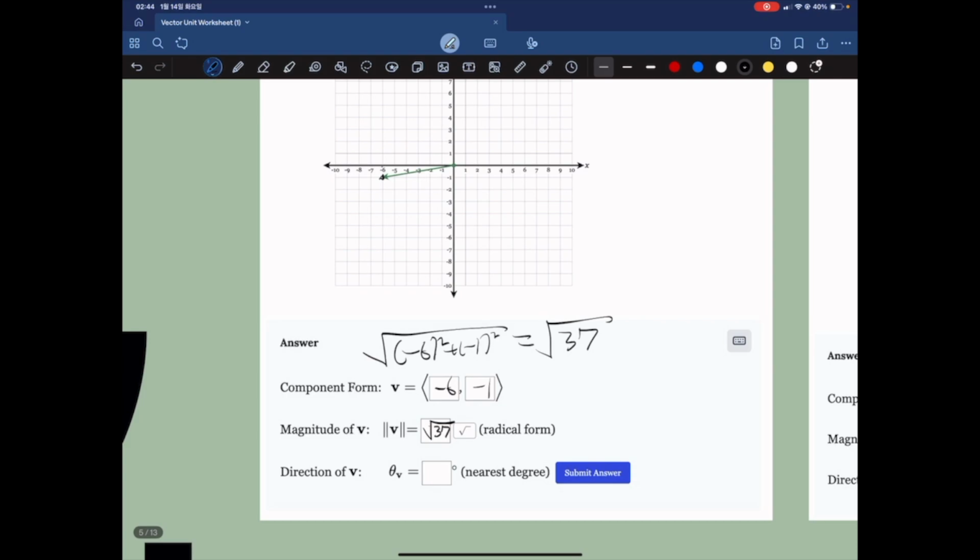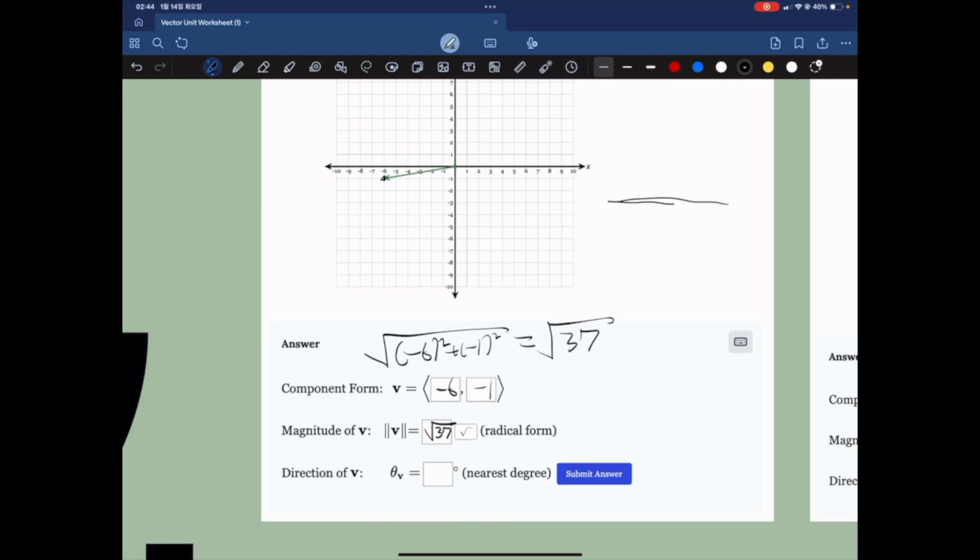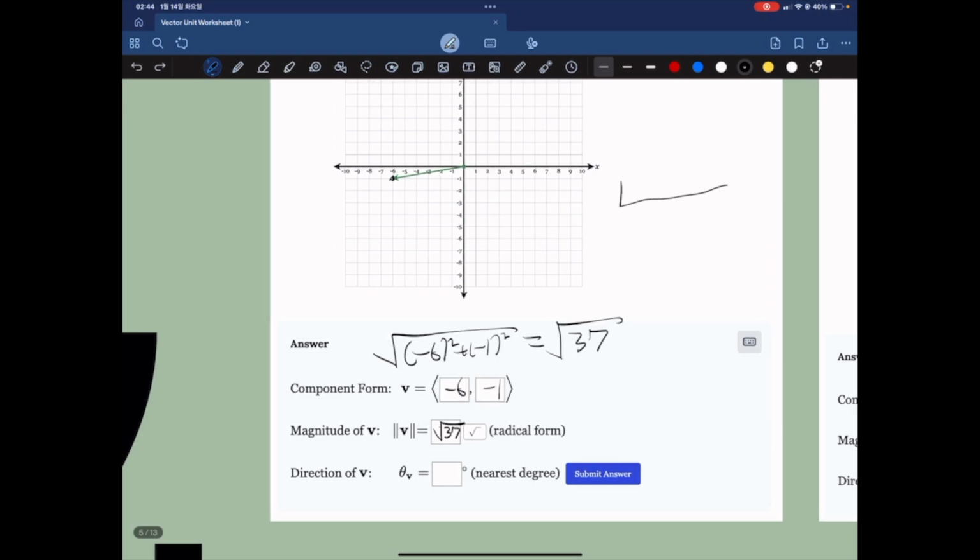If you draw it as a triangle, then this is 6, 1. You have to find the arctangent of -1 over -6, which is equal to 9.46 if you try it.